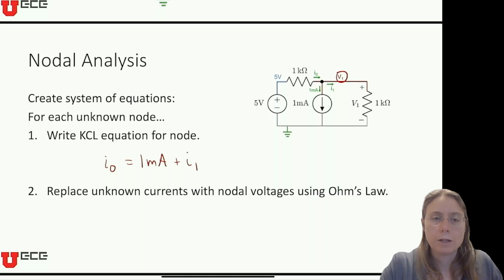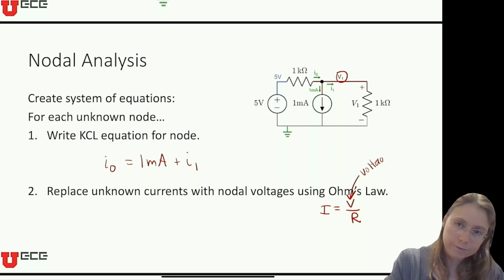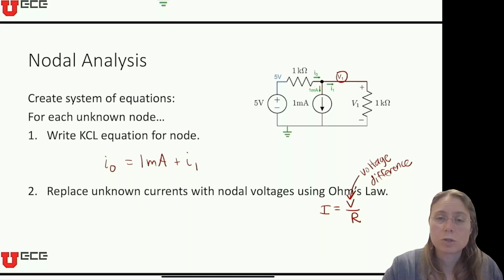Now the next step is we're going to use Ohm's law to replace those currents with V over R expressions, because Ohm's law tells us that I is equal to V over R, where this is a voltage difference. And so then to get from two nodal voltages, I subtract the one on the negative side from the one on the positive side to get the voltage difference.